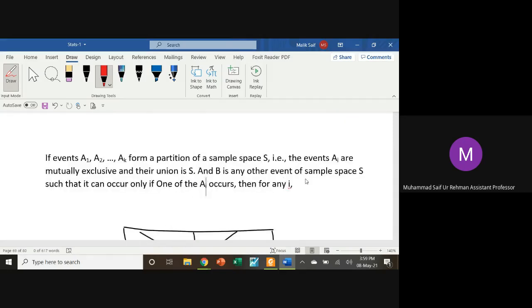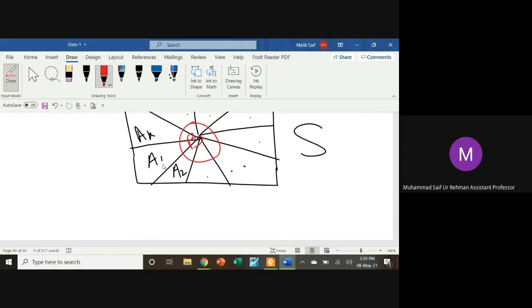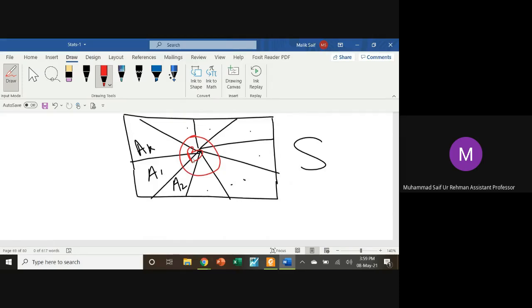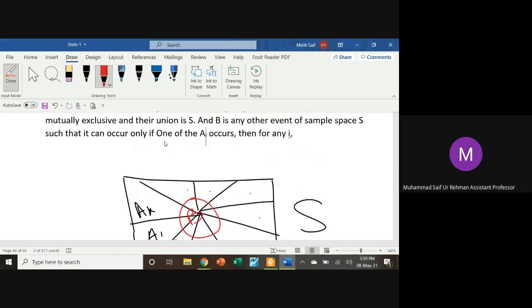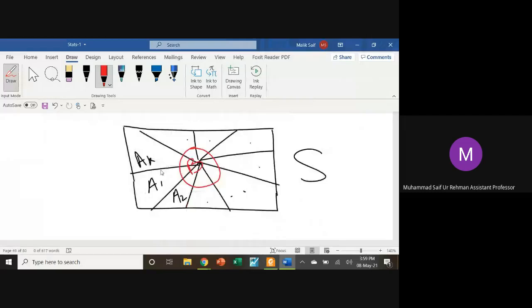B is an event of the sample space S, such that it can occur only if one of the A_i occurs. So if one of A1 or A2 up to AK occurs, then B will occur. One of A_i means there are so many A_i up to AK. If only one occurs, there is some commonality, because some portion of A2 is being covered by B, and that is this portion.